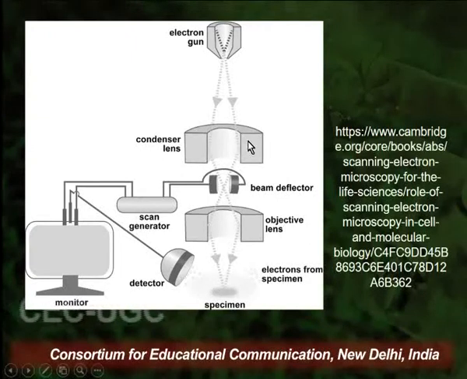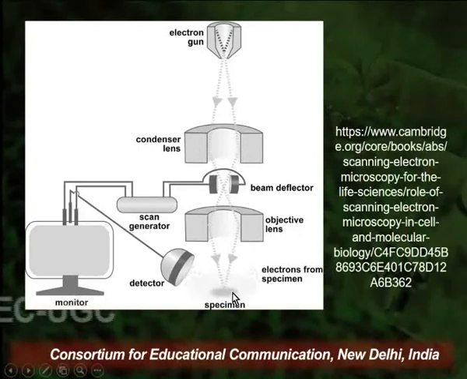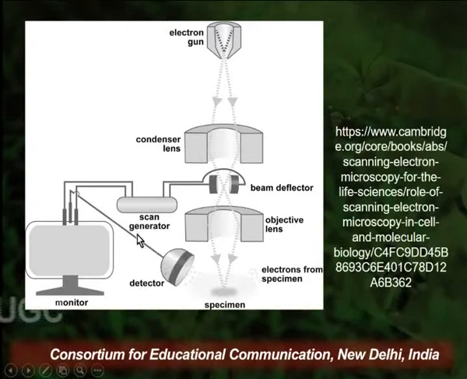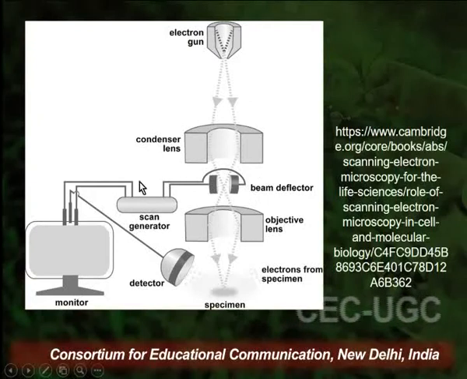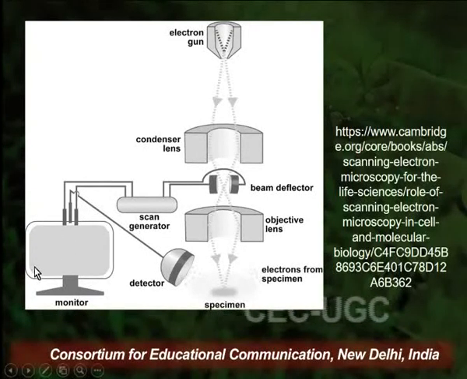In between condenser lens and the objective lens, there lies a beam deflector, and the electrons which are deflected from the specimen surface are detected by a sensitive receptor called a detector, and then a scan is generated while comparing the beam of electrons from the beam deflector and the detector sensors, and then it is computerized into a picture on a monitor.